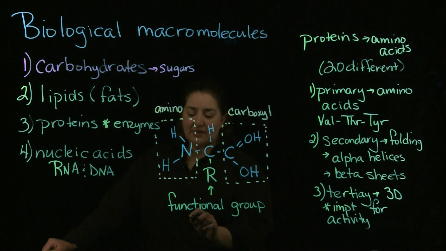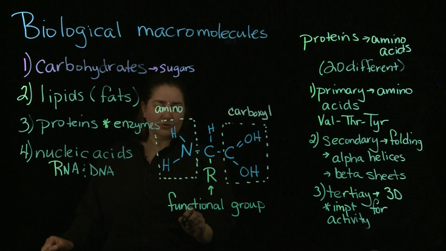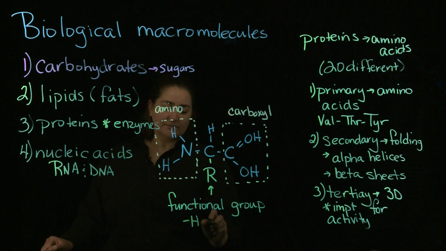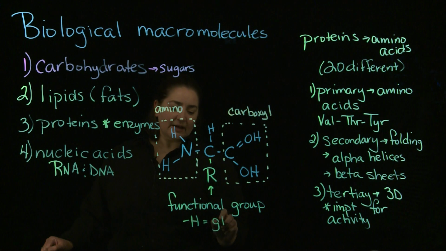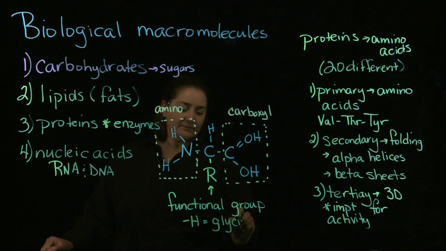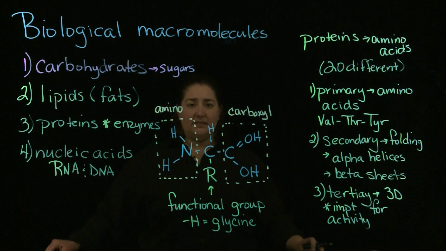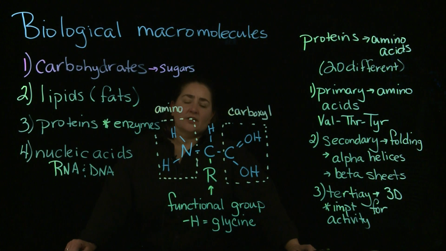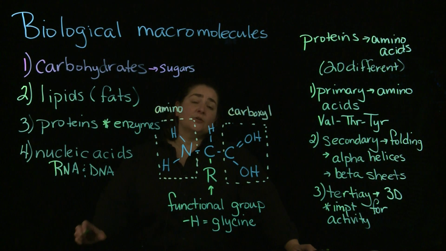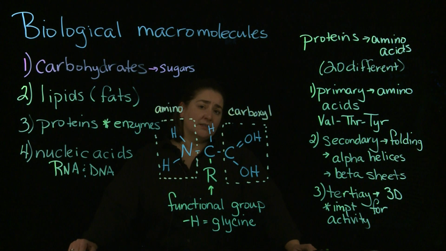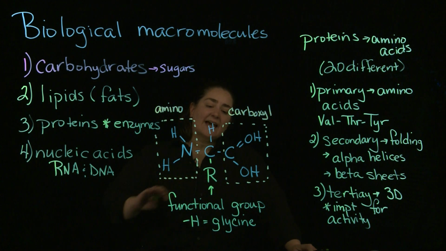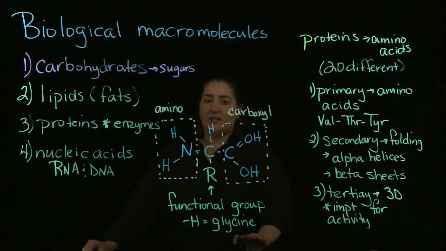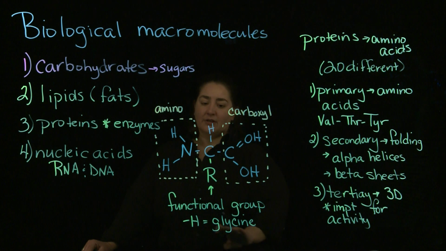And in terms of that, if we're talking about that functional group just being a hydrogen, then our amino acid would be a glycine, all right? If you've got a ring structure there, it could be a tyrosine, all right? It could be a phenylalanine. Whatever's attached there dictates what the name of the amino acid is, okay? So I want you to keep that in mind.